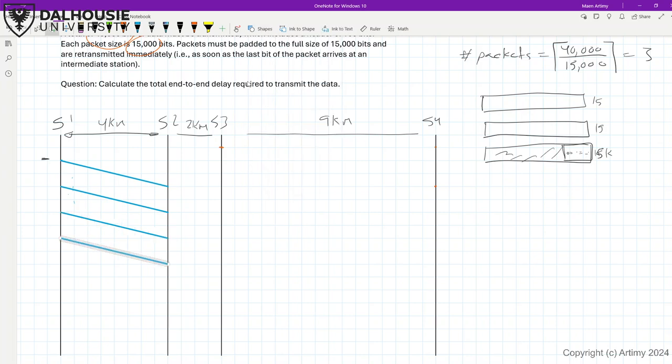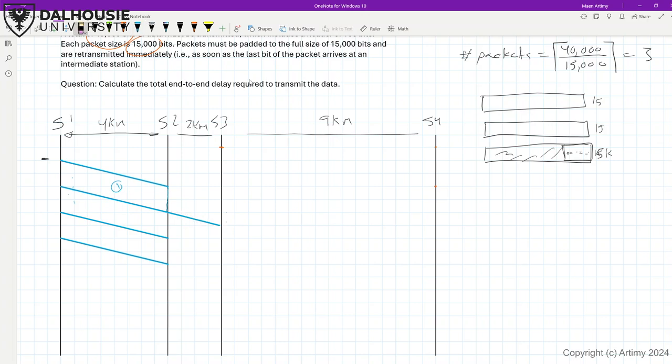As soon as packet 1 arrives, again, we assume there are no errors, nothing like that, station number 2 will send it immediately as per the instructions. And notice the propagation time is shorter here.